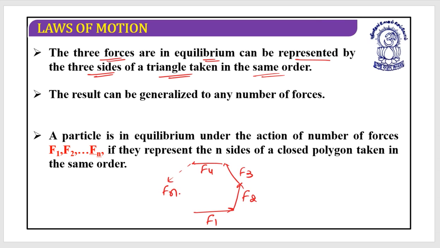Look at this, I have kept the direction of each one the same. If I add these, F1 plus F2 plus F3 up to Fn, it would be 0, because all the vectors are moving in the same direction. This is what we have discussed in the law of polygon.